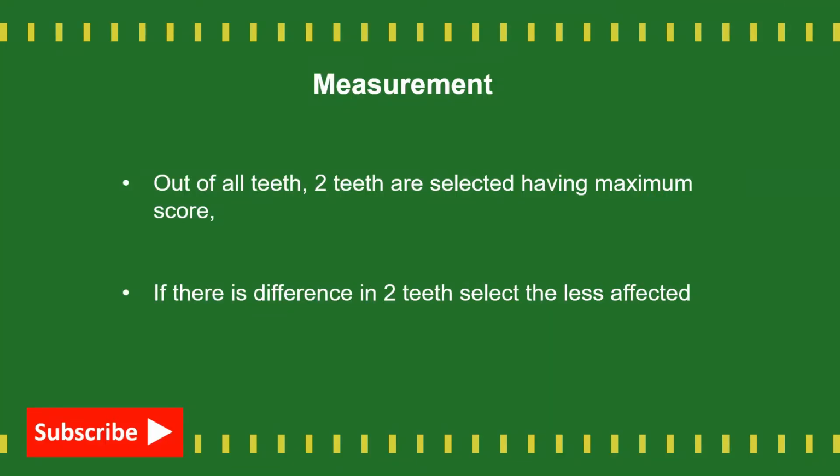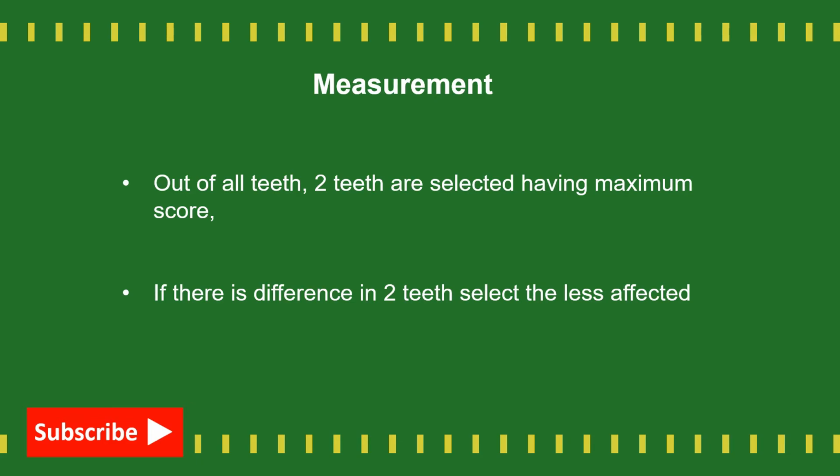Now, how do we measure it? While writing our diagnosis, we need to take the two teeth that are maximally affected. For example, if the mouth contains all the codes of the classification, we are going to tell that this person is severely affected with dental fluorosis. But if there are a few teeth with very mild, a few with moderate, and there is no severe, then we are going to tell that the person is moderately affected with dental fluorosis according to Dean's fluorosis index.